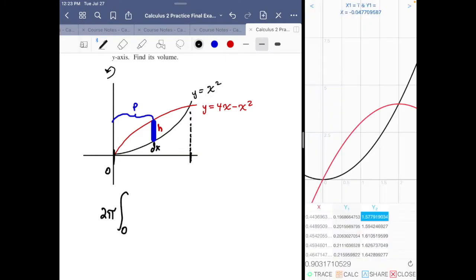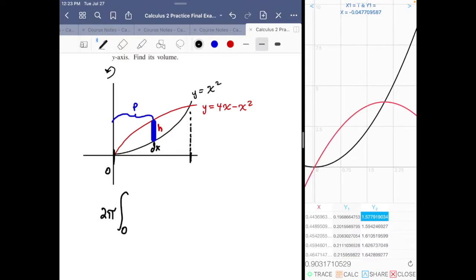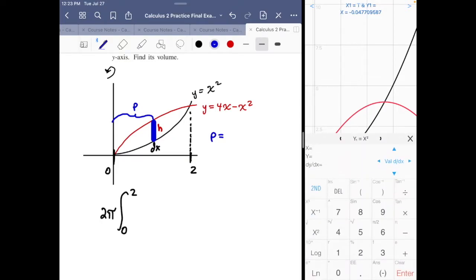So on the x-axis, for cylindrical shells, I would want 2. If I were doing the washer method, I would want 4. The p is the distance from the axis of revolution to the center of the arbitrary rectangle, which is the distance from the y-axis to some arbitrary point in space, which we're going to call x.